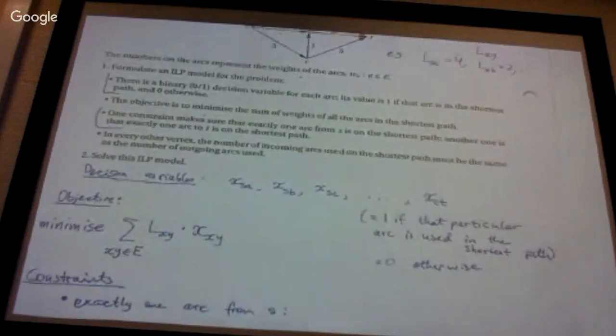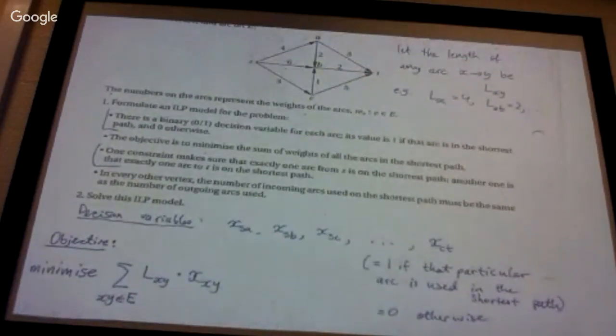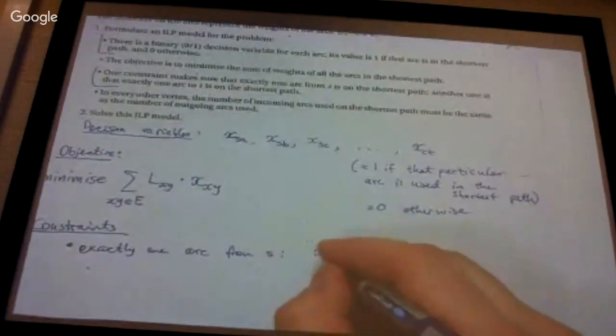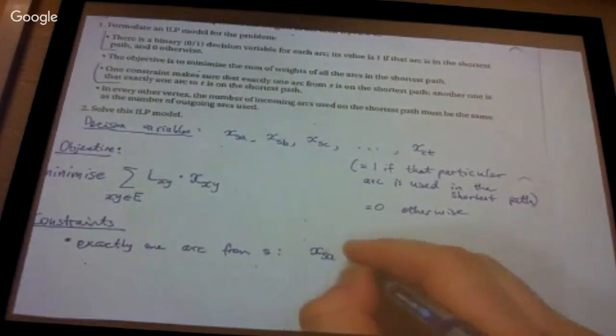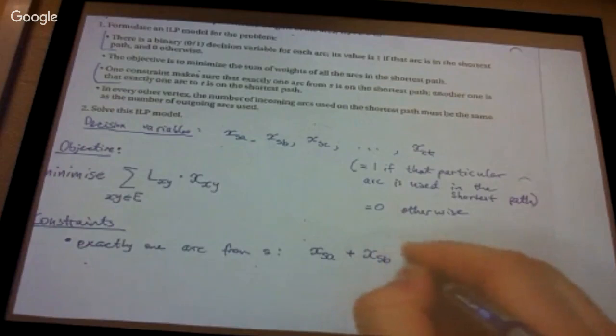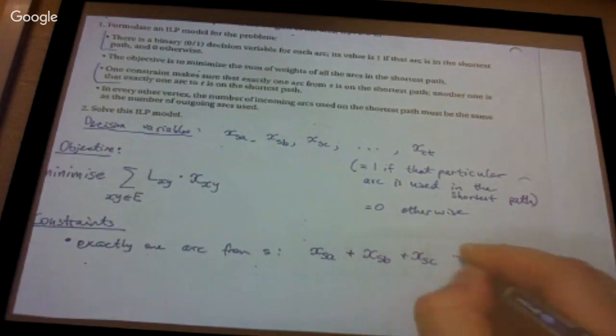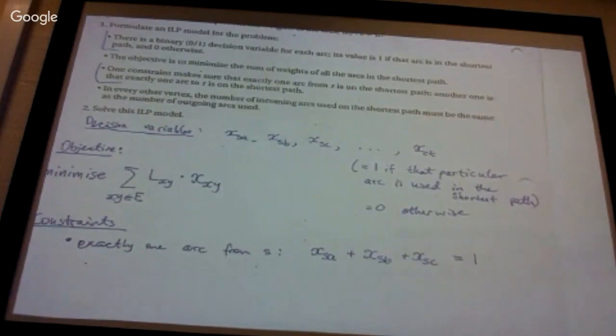Well, how do you get it? You look at what are the arcs leaving S. It's SA, SB, and SC. So you want X_SA plus X_SB plus X_SC to add to 1. And that will mean, if you make them binary, that exactly one of them is going to be 1, so exactly one of them is going to be used on the path.